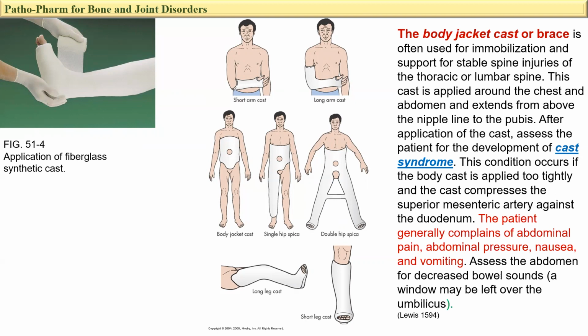This results in a complication in which the patient will have abdominal pain, abdominal pressure, nausea, and vomiting. That is consistent with cast syndrome. The intervention for this is relief of the cast. We do something called a cast window to relieve the pressure.